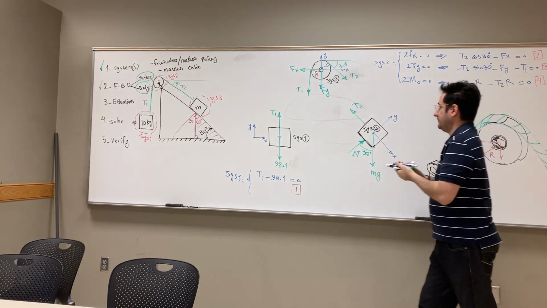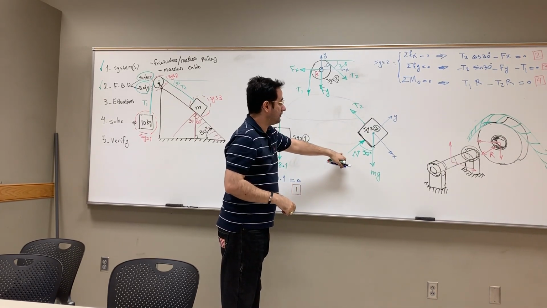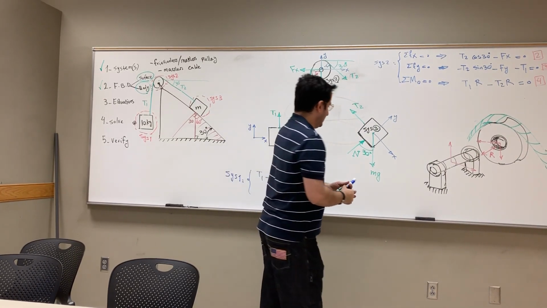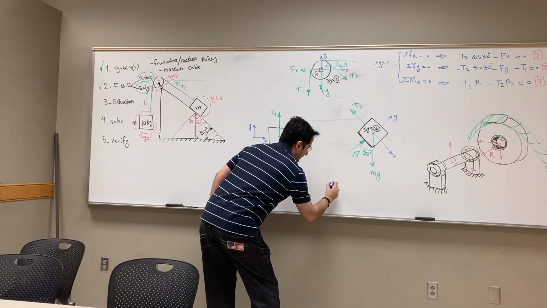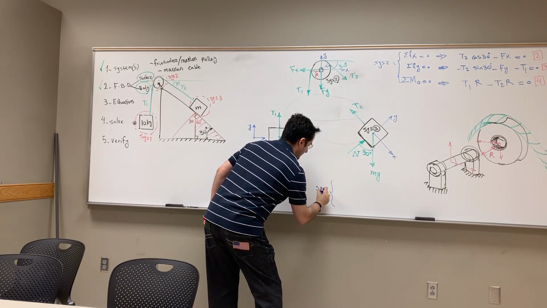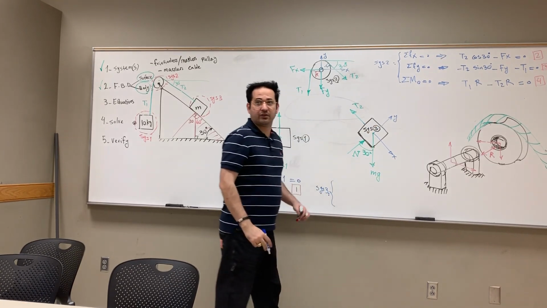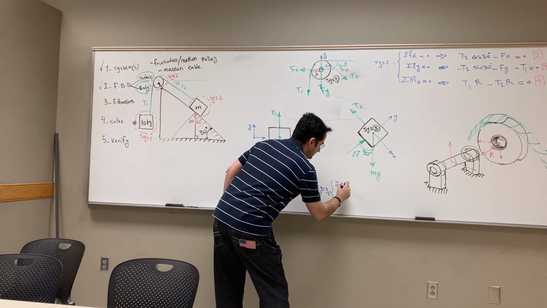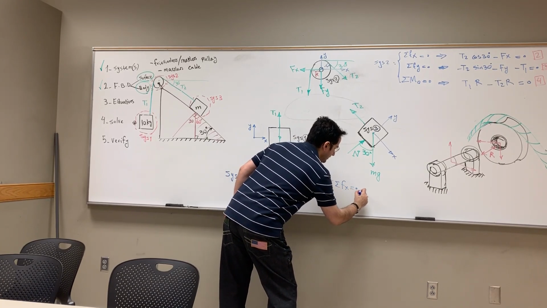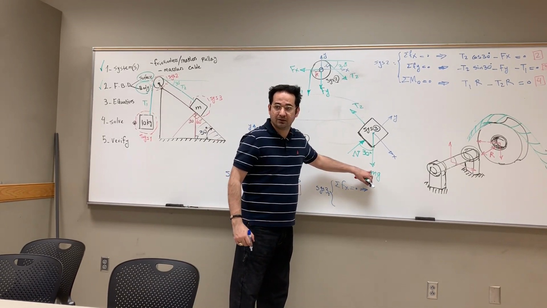Now let's go to my final system. This guy, right? Here I write the equation for system 3. Now my axis x positive is this way. So what's the summation of forces in the x positive? Let's start with this guy.